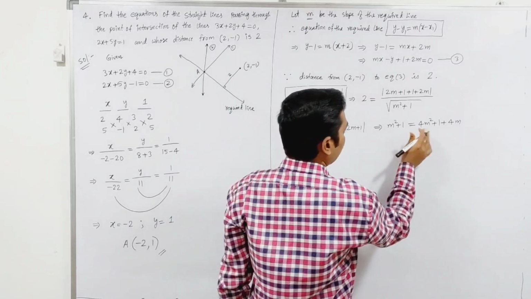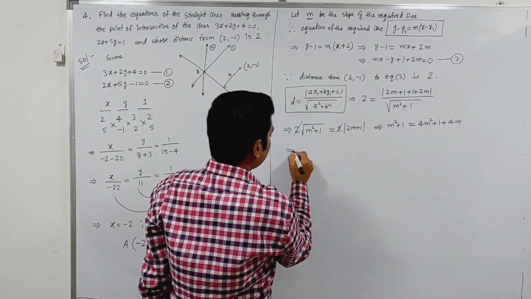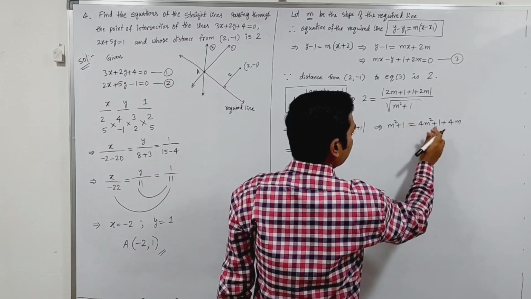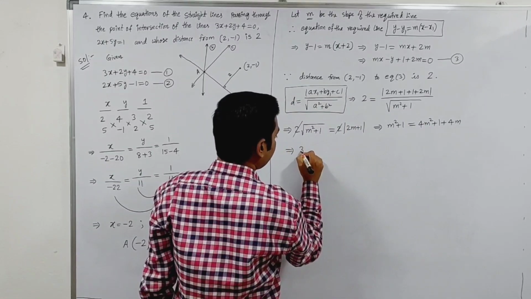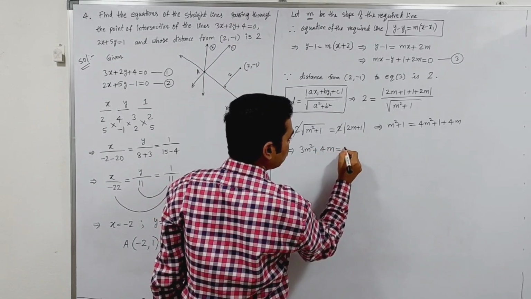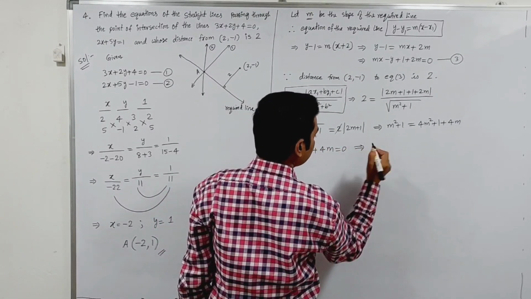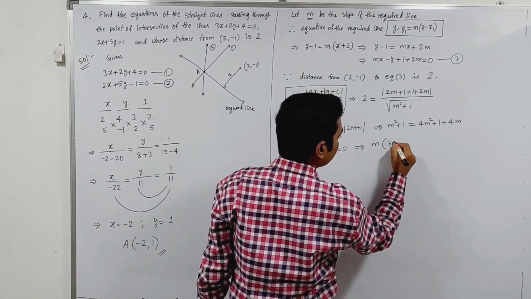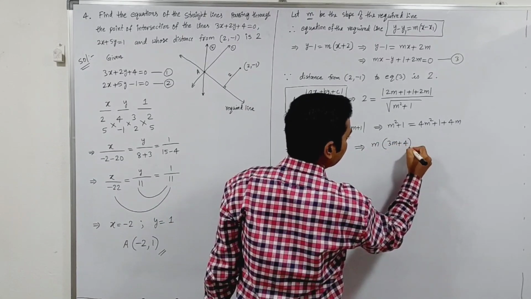From this equation, the plus 1 gets cancelled. Taking m square to the right side, that is 3m square plus 4m equal to 0. So from this equation take m common, we get m into 3m plus 4 is equal to 0.